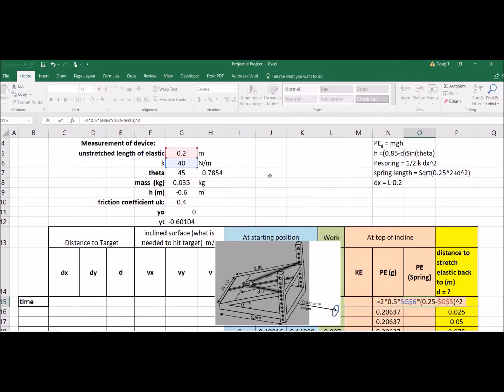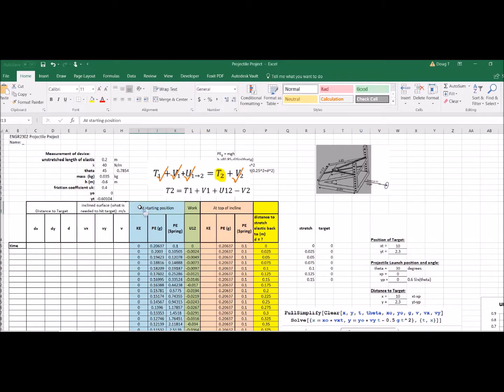Okay, so don't forget to add your dollar signs into here. And this is going to be the same for all of them too, because we're starting off, we're going to release it from that top position for all of them. We now have all of our energies except for the kinetic energy at the top.